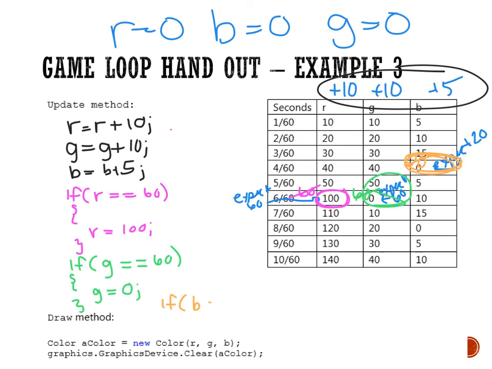If my B value was equal to 20, that's what I expected it to be. It increments to 20 as a result of adding 5 every time, but when it's equal to 20, B is in fact reset to 0. So now I can see how my update method is changing my variables. It's incrementing them every time, and then when it reaches a specific value, it changes differently than I expected simply based on those incrementations.